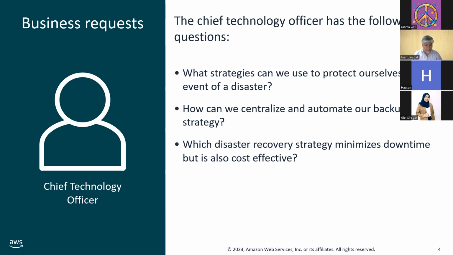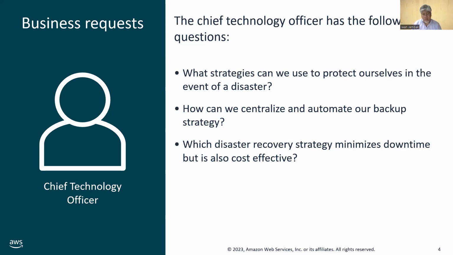So you receive a question from the technology CTO: what strategy can we use to protect ourselves in the event of a disaster? So we need to prepare for the disaster, or have disaster planning.